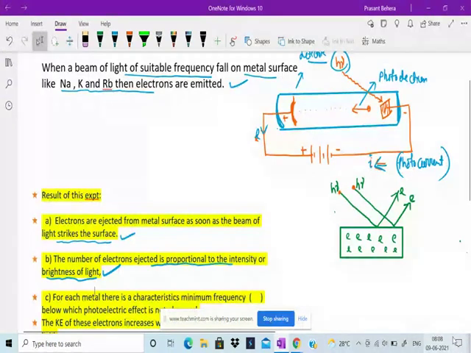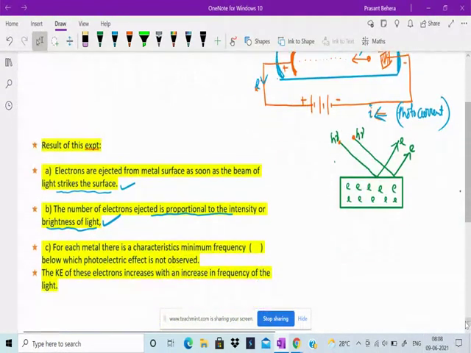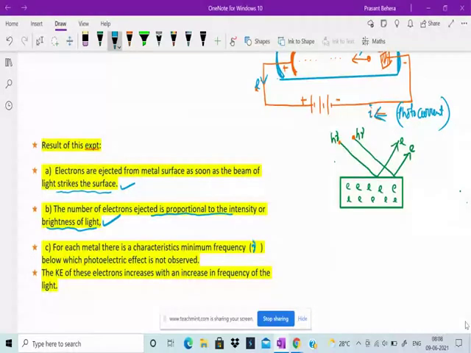Similarly, the next result found was that for each metal, there is a characteristic minimum frequency nu naught, below which the photoelectric effect is not observed.